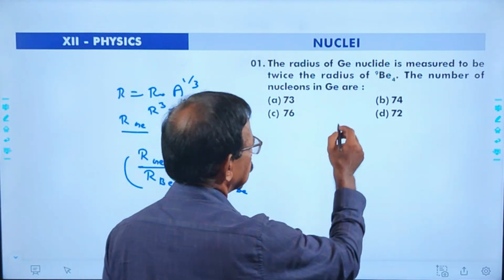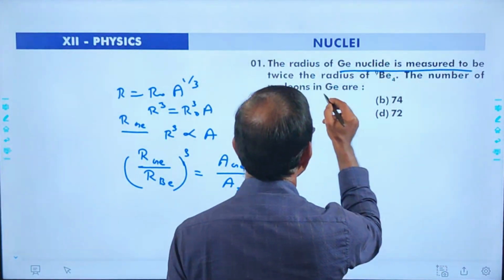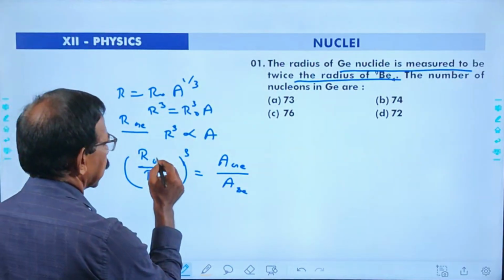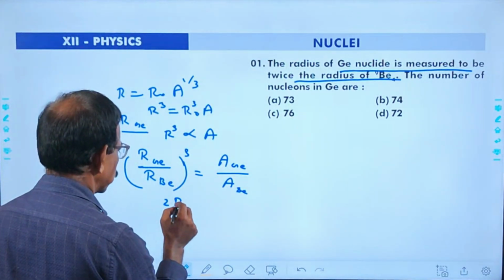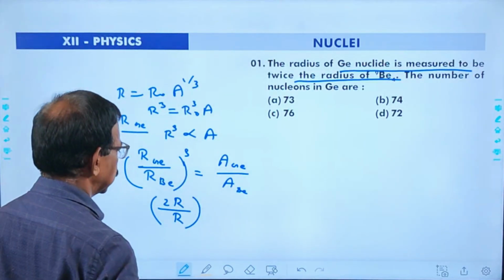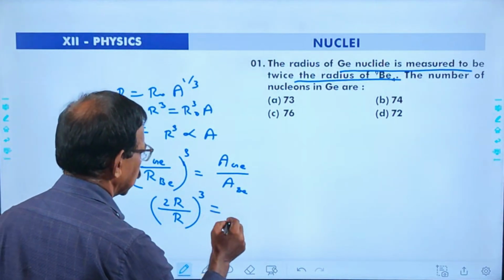Here, the radius of germanium is twice the radius of beryllium, so germanium is 2R and beryllium is R.